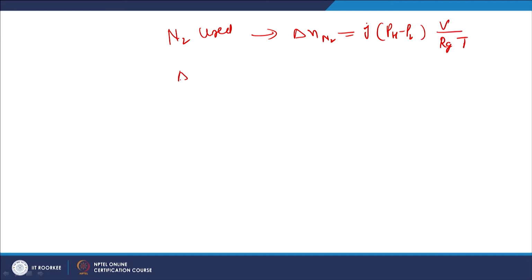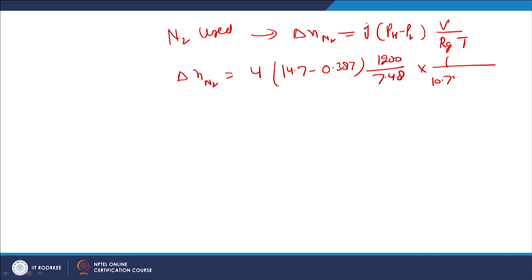Now, total nitrogen used is equal to delta N, which is j times PH minus PL, V upon RGT. If we substitute the respective values, this comes out to be 14.7 minus 0.387 into 1200 divided by 7.48 into 1 upon 10.73, 75 plus 460.